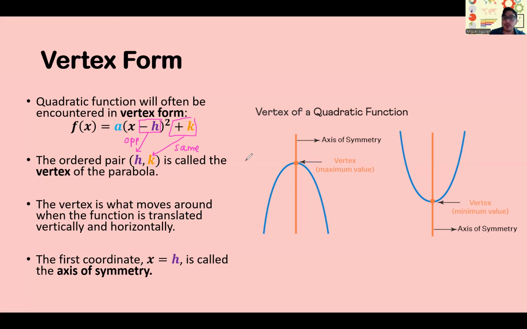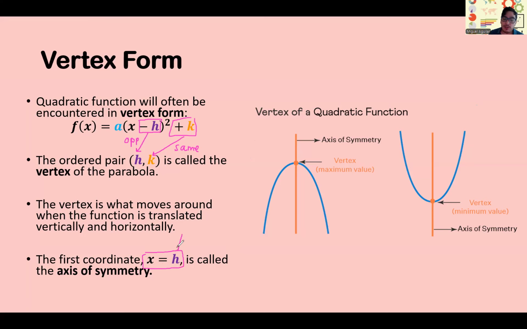We're going to do some practice problems here in a second where we just look at the equation and pick out what the vertex is, okay? Then if we can do that, we're also going to be asked to identify what the axis of symmetry is. But as I said moments ago, the axis of symmetry is always just that first coordinate of the vertex.